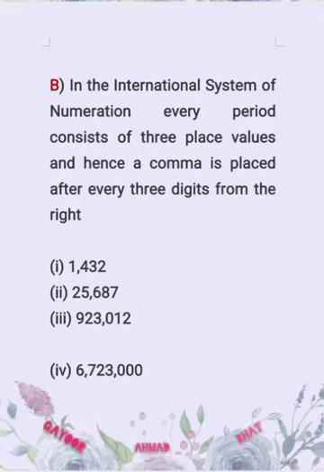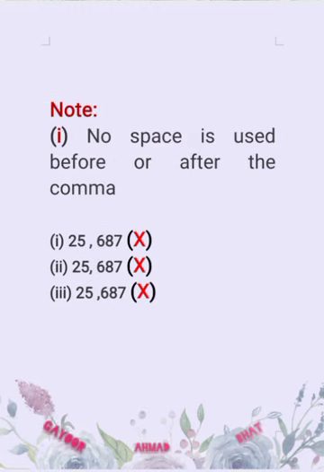In the fourth number, 6,723,000, we have three periods, millions period consisting of 6, thousands period consisting of 723 and ones period consisting of 000, and the three periods are separated by commas. Note, number 1, no space is used before or after the comma.